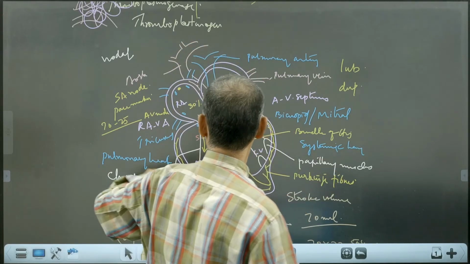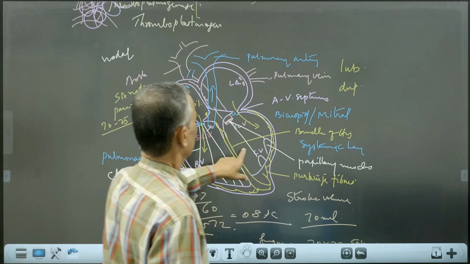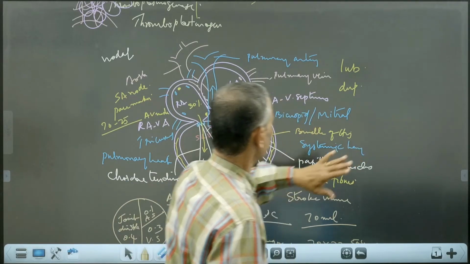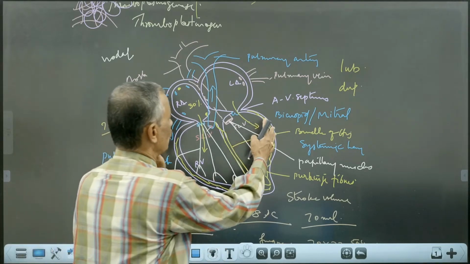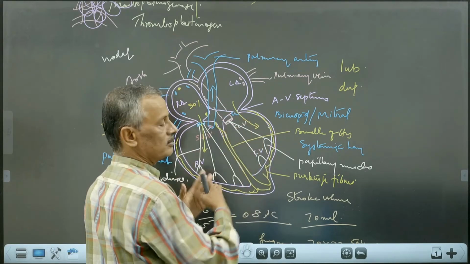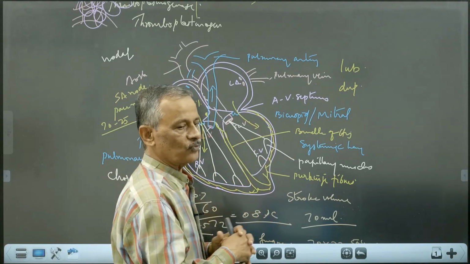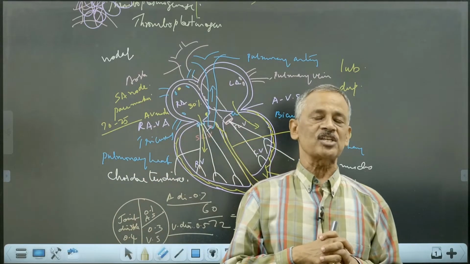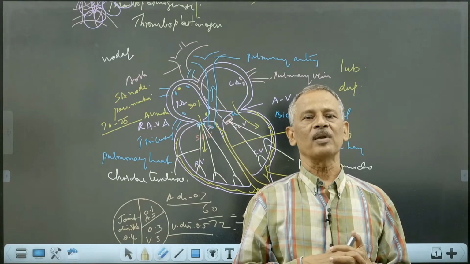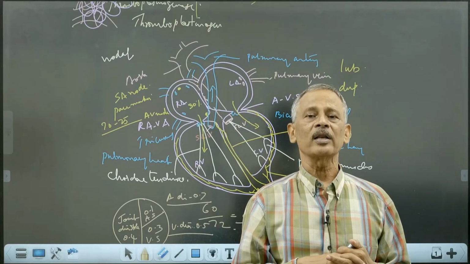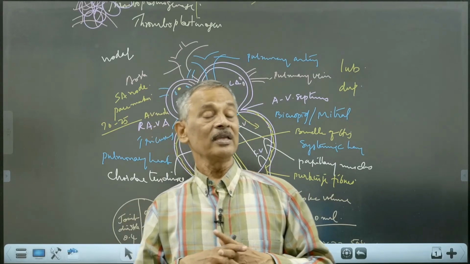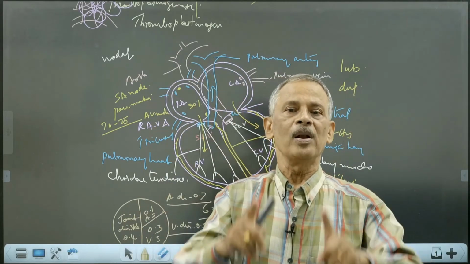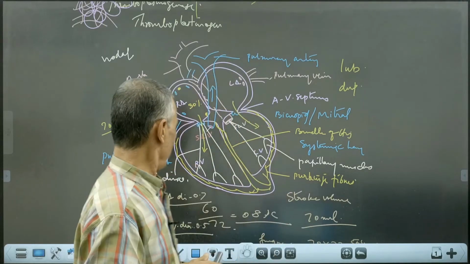Okay, so pulmonary heart, right side. Systemic heart, left side. Our heart is a double pump and there is no mixing of blood anywhere. There is no chance of that. That is the greatest advantage birds and mammals have over amphibians and reptiles. We have complete double circulation. Clear?